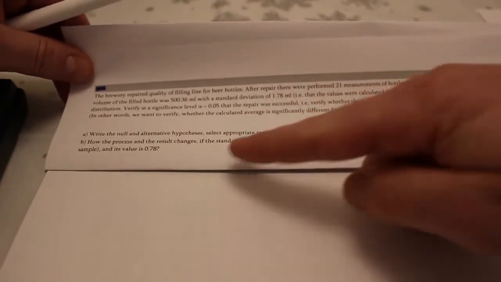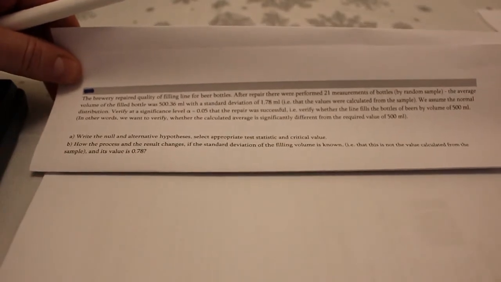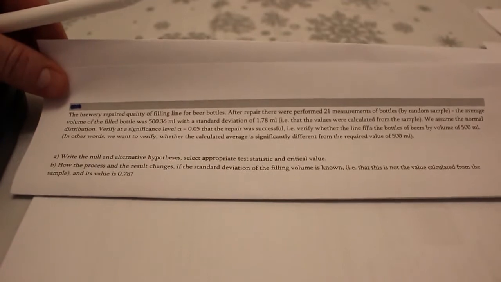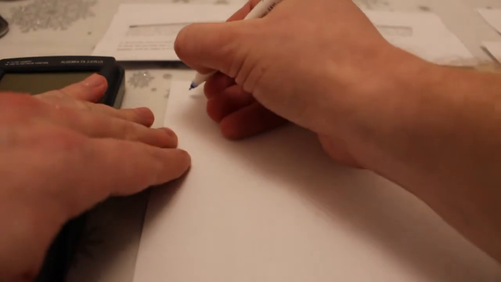Write the null and alternative hypothesis, select the appropriate test statistic and critical value. So, what is important here? You are probably the owner of the brewery, and you have a filling line, and this filling line was broken.